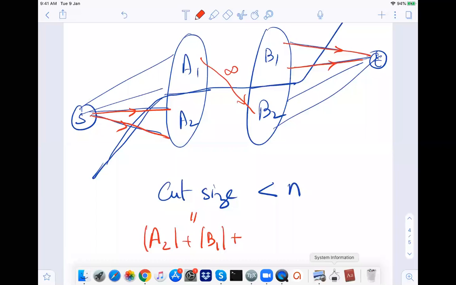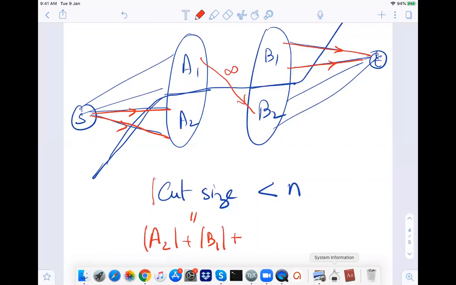No, sir. This edge is infinity. If there is even one edge from here to here, the cost of this cut would have become infinity. That would have violated my assumption that the cut size is less than n. So there is no such edge here.